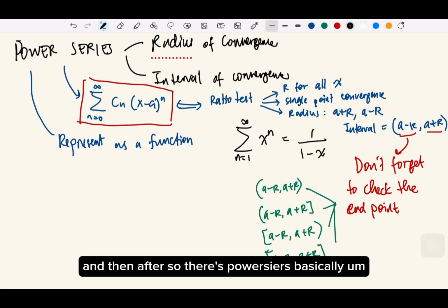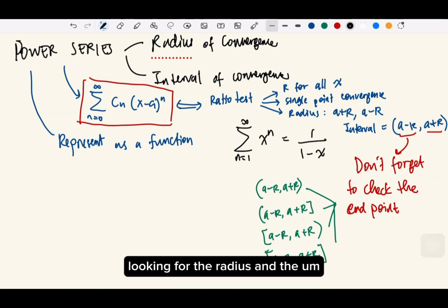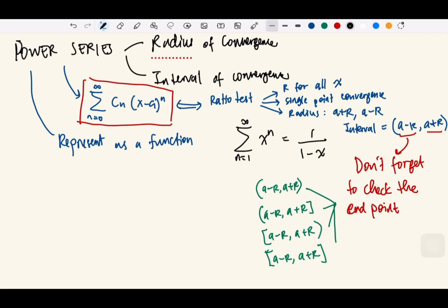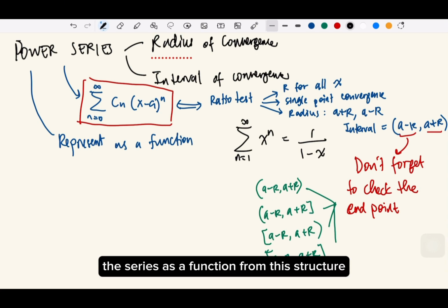So the power series is basically looking for the radius and the interval of convergence, and then we can represent the series as a function from this structure. Whenever we can find any function that can be represented as a power series, we need to see the structure.